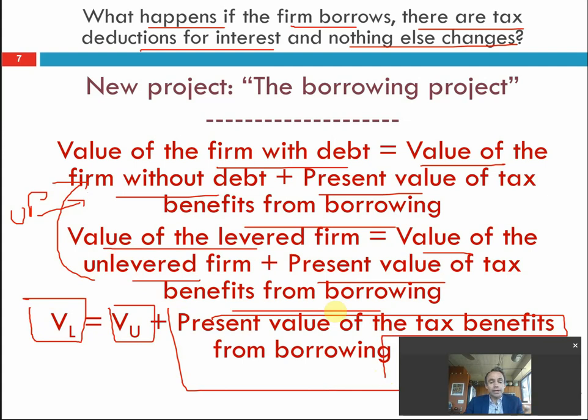So we're going to end up with a situation in which we say the value of the levered firm is the value of the unlevered firm plus a bunch of extra cash that we got by deciding to take on debt. The more debt we take on, the more we are going to maximize the value of this right-hand term, and that's going to maximize the value of the levered firm. That leads to our decision to take on 100% debt finance, but for the issuance of a single share.